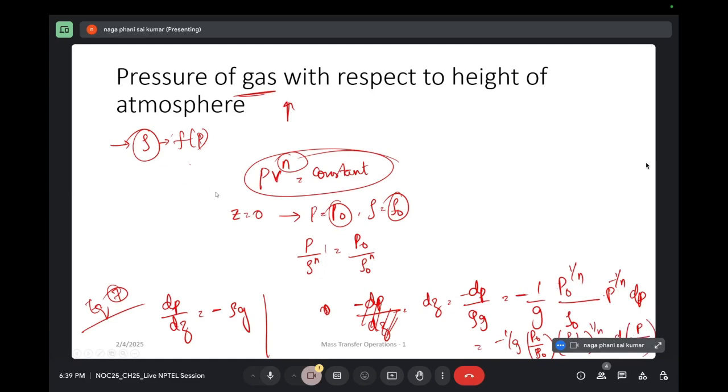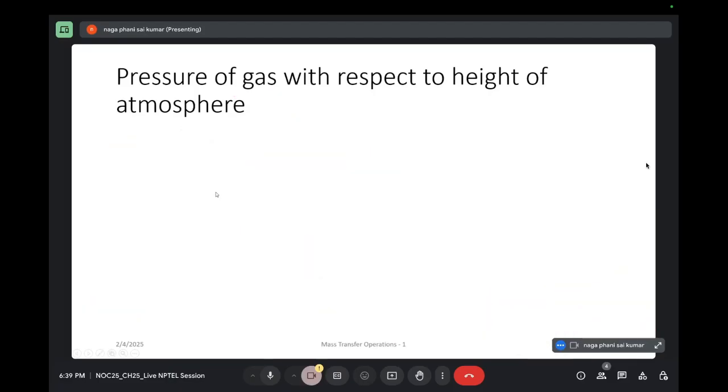If you integrate this equation from z equal to 0, you will be getting z is equal to 1 by g into n by n minus 1 into P naught by rho naught into 1 minus P by P naught whole power n minus 1 by n.